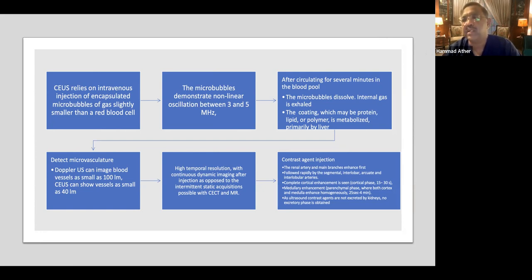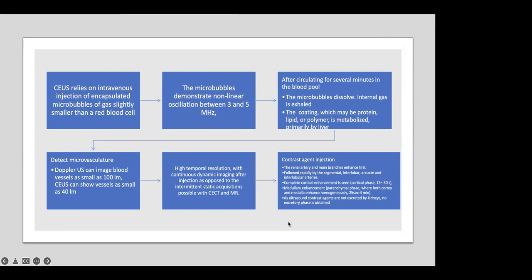Basit, would you like to add something to this? No, I think you have described everything perfectly, and there has been some recent gaining interest in the use of contrast-enhanced ultrasound for detection of renal masses, which helps in characterization.